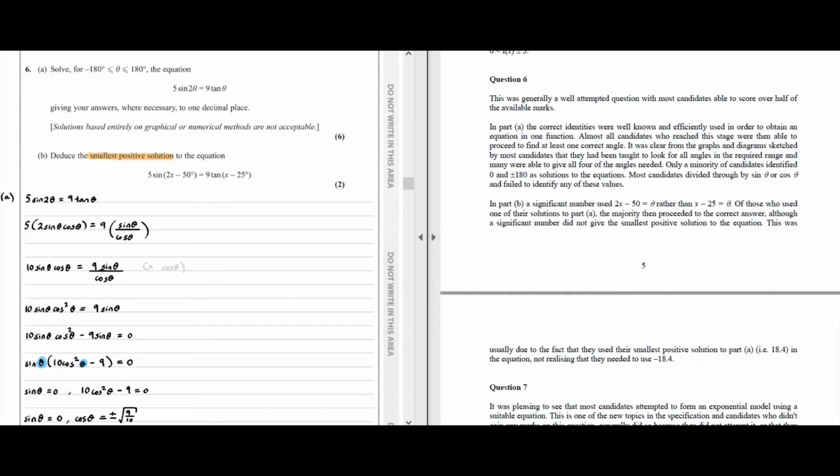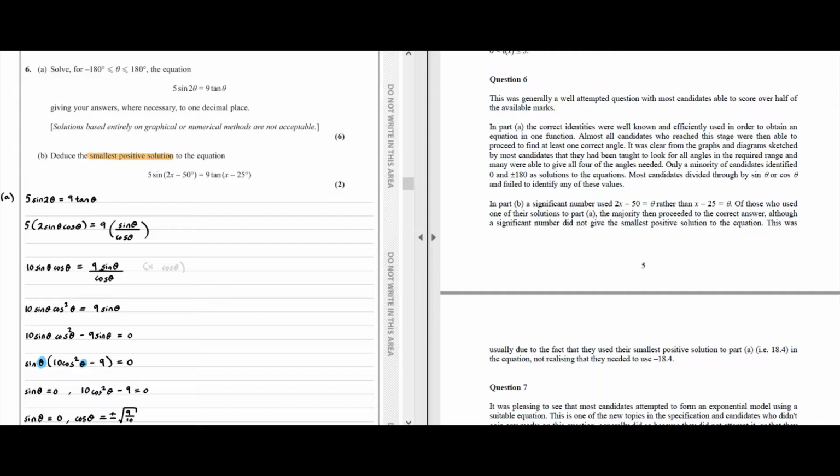Question number 6. This was a well attempted question with most candidates able to score over half of the marks available. In part A, the correct identities were all well known and efficiently used in order to obtain an equation in one function. Almost all candidates who reached this stage were then able to proceed to find at least one correct angle.